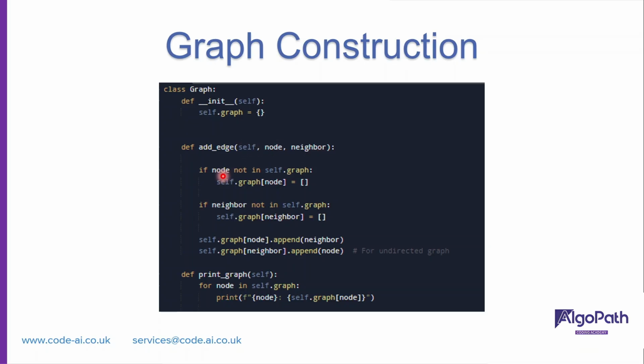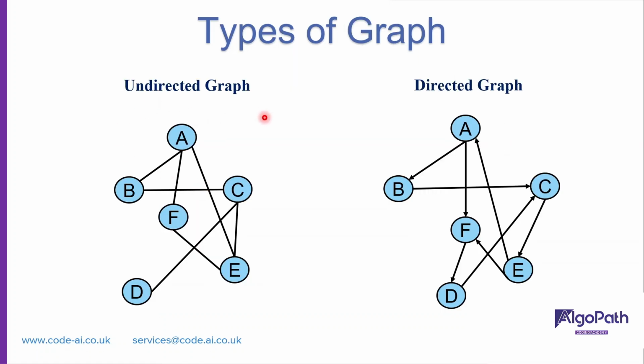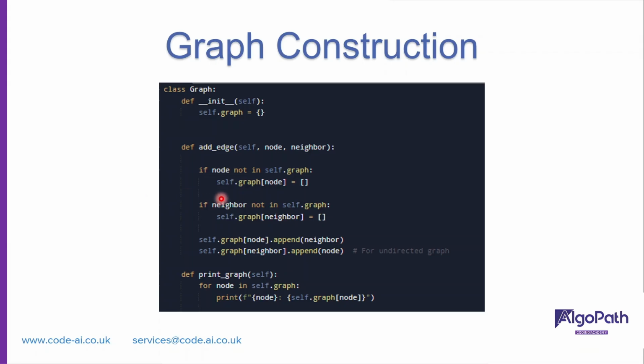So if this node is not in this dictionary, this node will be added with an empty list, and then the same thing will be done for the neighbor. This is actually an example of an undirected graph because we are creating the connection for both the node and the neighbor. Okay. Now we are creating the empty lists. Then we are appending.